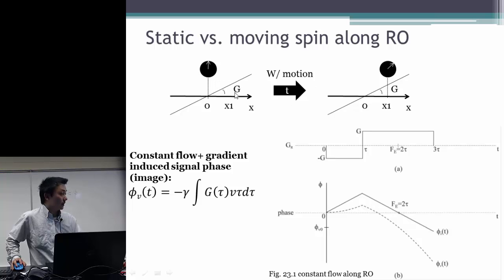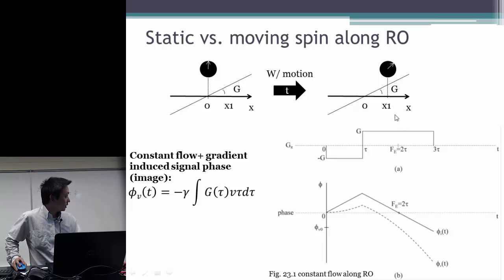If we are looking at the static spin, then the phase it develops is first created by this pre-phasing gradient. The pre-phasing gradient will first dephase it, giving it an initial phase right before the start of the readout gradient, and then the readout gradient, which has the opposite polarity, will refocus this phase effect.